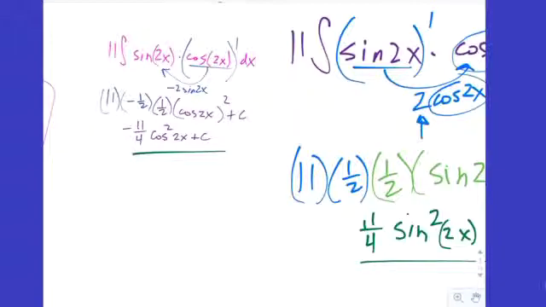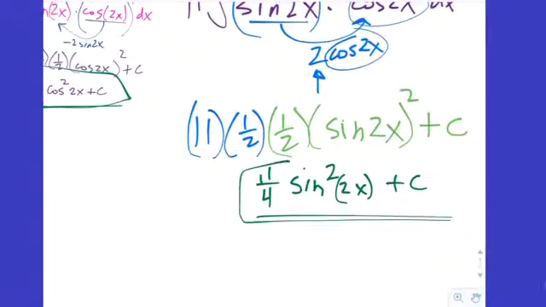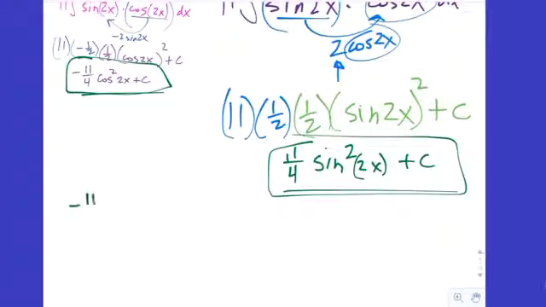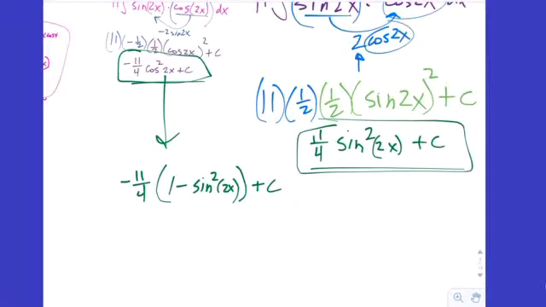So here's what I want to do before we go on to the next one. I want to show that these two are actually equivalent, but for a constant. So I'm going to take my negative 11/4 cosine squared, and using Papa Pid, I'm going to replace cosine squared of 2x with 1 minus sine squared of 2x. Okay, so doing a Pythagorean substitution.